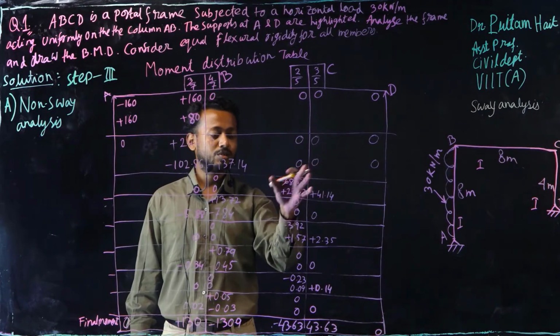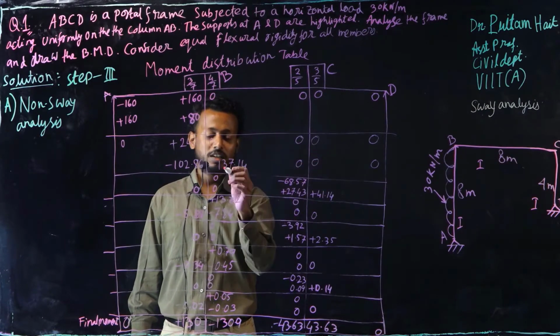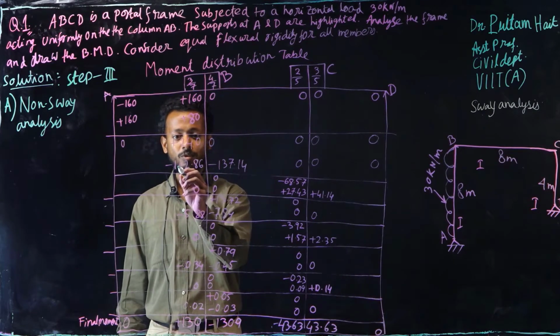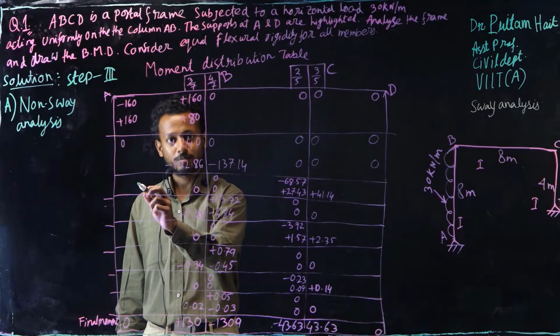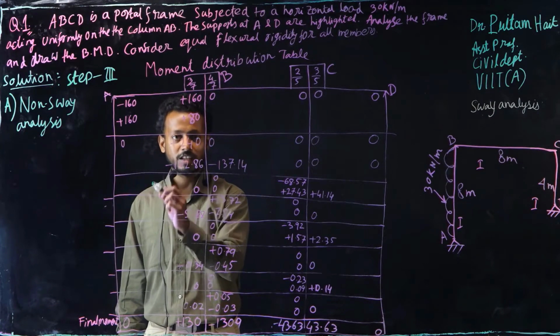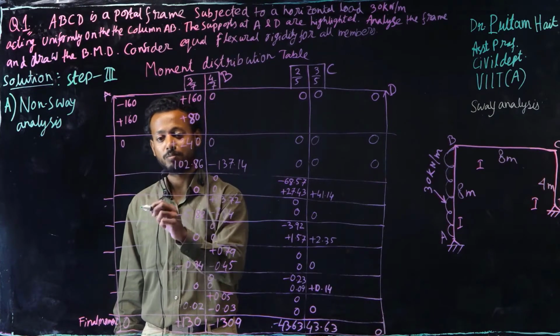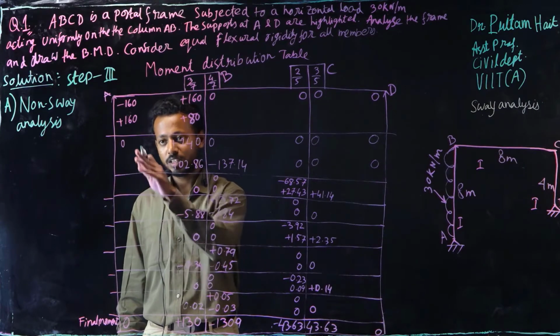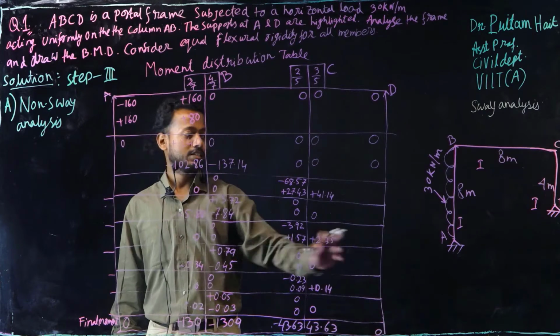So this is 0, so no need for calculation. Now a carryover moment, 50% carryover moment will not come here because this is a hinge point. At a hinge point no carryover will come. From those moments no carryover has come to this hinge because A support is hinge.